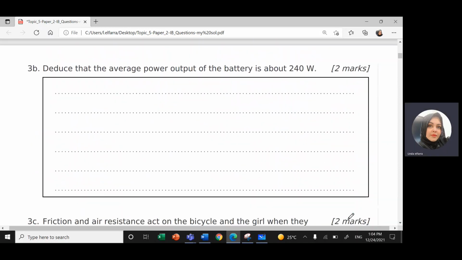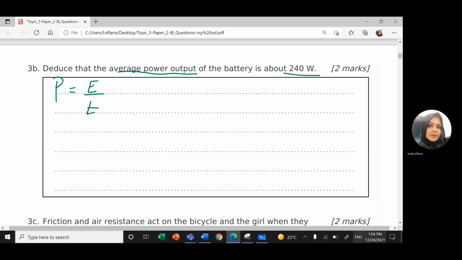B. Deduce that the average power output of the battery is about 240 watt. Now we know from the definition that power is energy over time.